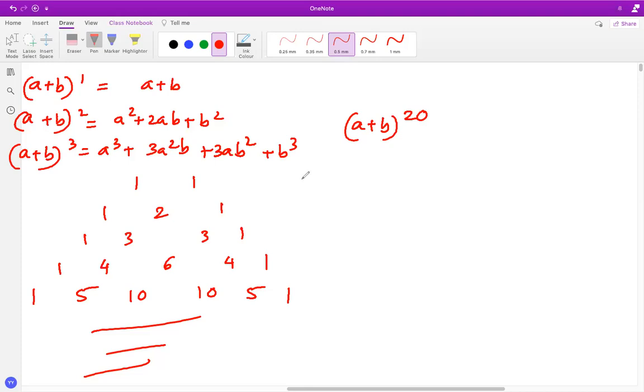Actually, when we look at the binomial expansion, it is a lot about the division of objects or choices that are made. When I talk about a plus b the whole square, it is a square plus 2ab plus b square. If I give a simple example, let's say there are two marbles getting divided between two people, a and b.